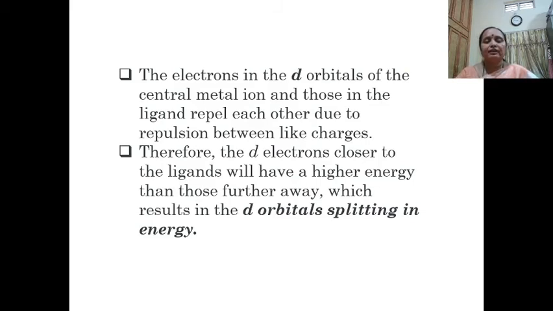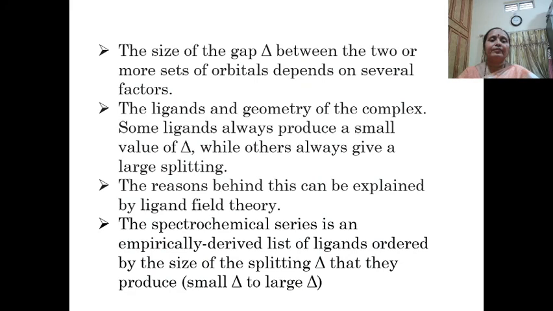The d electrons closer to the ligand will have higher energy than those which are farther away, and this results in the splitting of d orbitals, with an energy difference of 10 Dq.